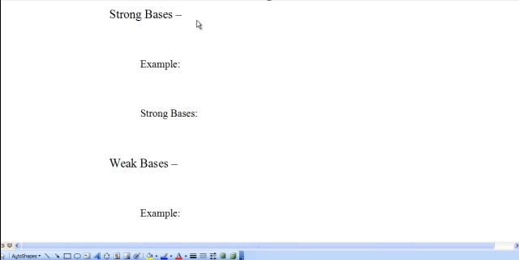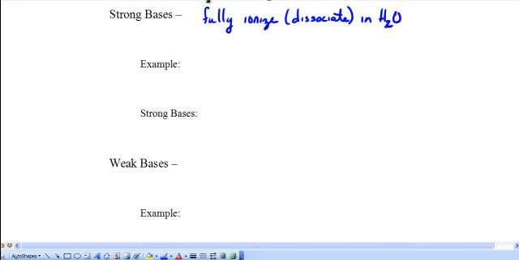Like strong acids, strong bases, and let me go ahead and get my pen, there we go. Strong bases will fully ionize, or in some cases dissociate, in water.